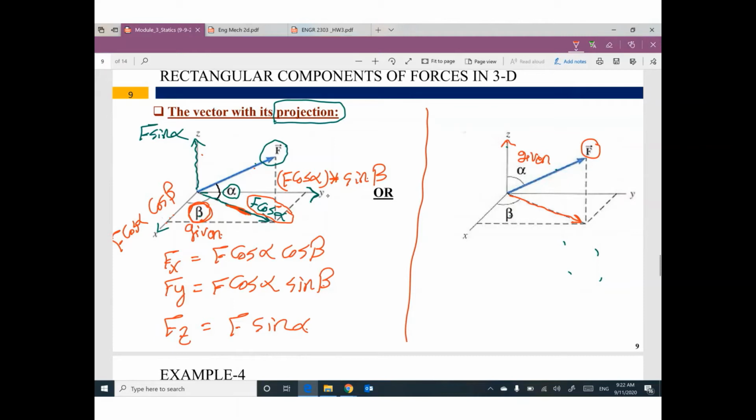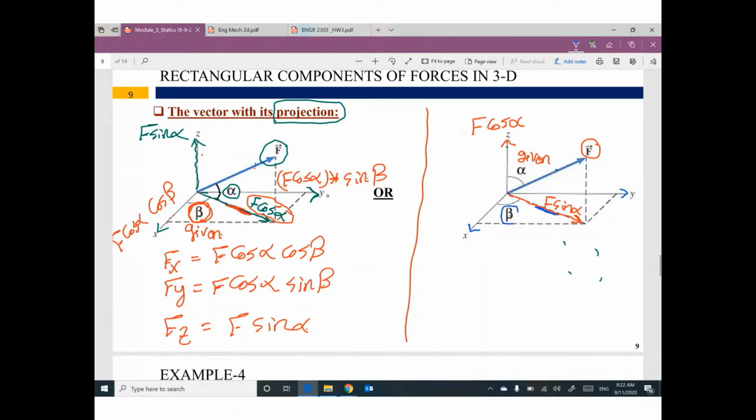So we have here F cosine alpha, and this projection line will be F sine alpha. Second step, we need to break this projection line between the x-axis and y-axis using another angle, which is beta. Sometimes beta is here, sometimes here.